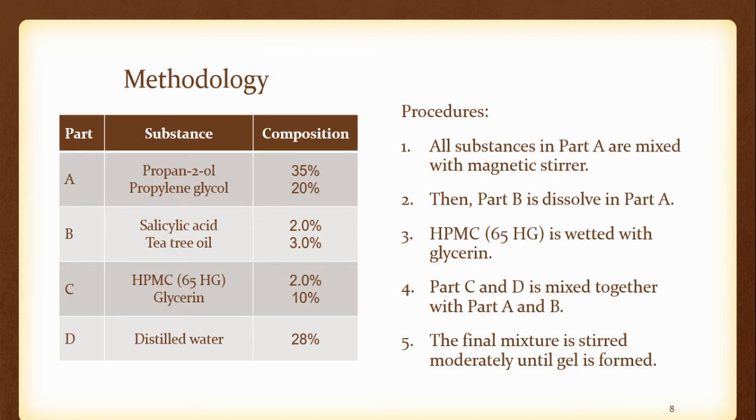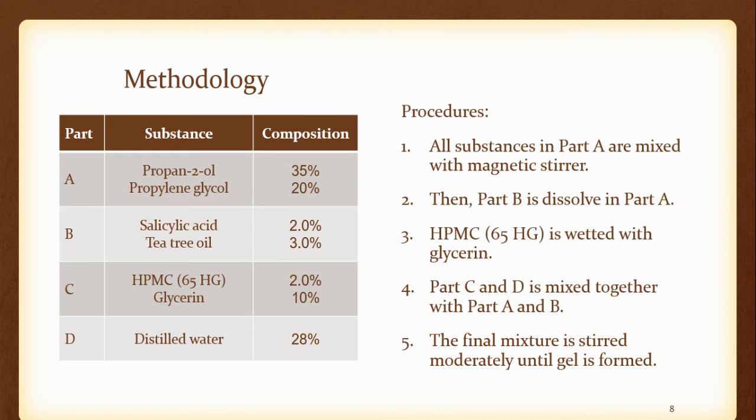Magnetic stirrer is used as it provides constant stirring speed. Then, 2% of salicylic acid and 3% of tea tree oil are dissolved together with the previous mixture.